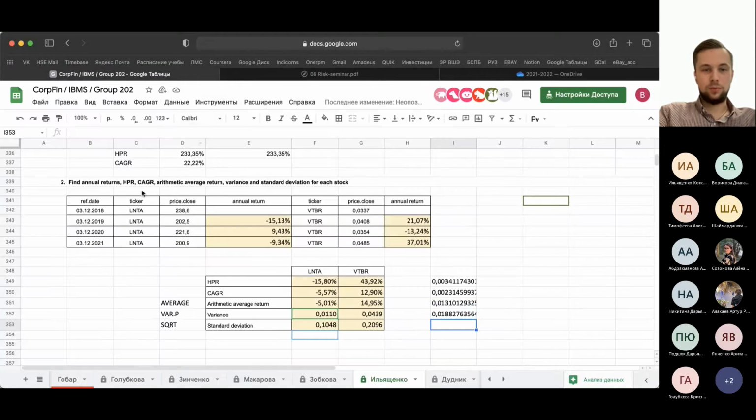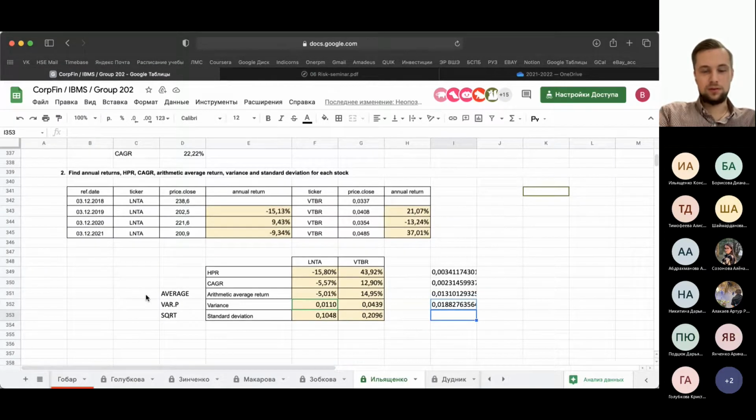We have calculated some parameters of these stocks: returns, the variance, the standard deviation. Now let's imagine that we are going to buy these stocks and create a portfolio of them.